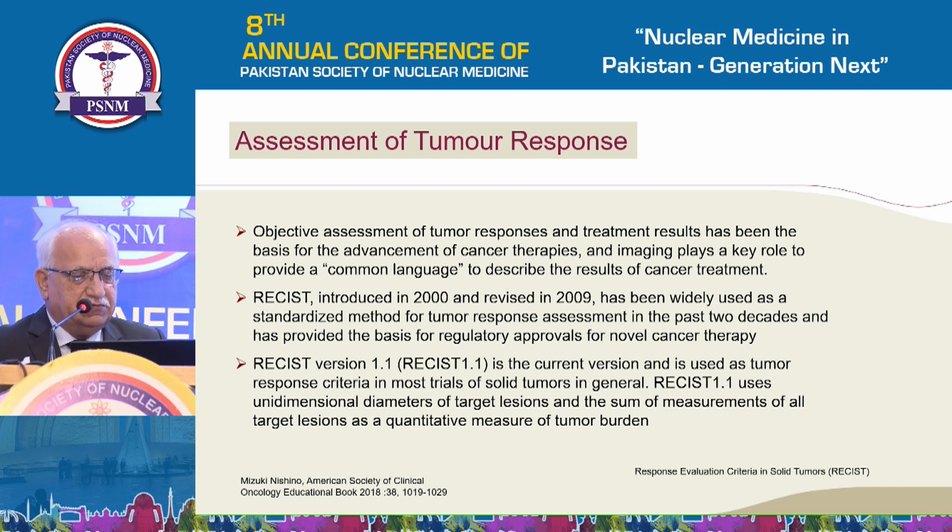The objective assessment of tumor response and treatment results has been the basis for the advancement of cancer therapies. RECIST was introduced in 2000 and then revised in 2009. For the last 2 decades, this has been the mainstay for all the trials which have been conducted.